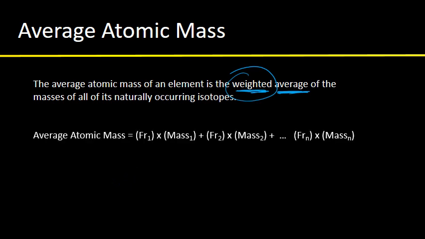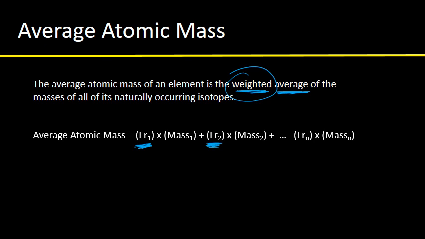So the way we calculate a weighted average is we average each of the masses, but we multiply each of them by the fractional abundance, right? And that just means like this 70% or 60% or 40%, but instead of putting it in as a percent, we put it in as a decimal.